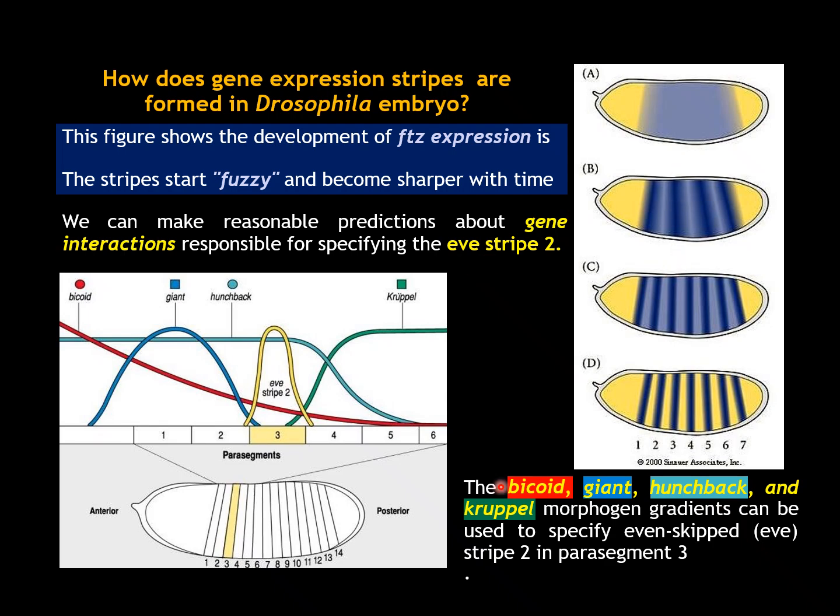There are 4 genes that I want you to analyze here: bicoid, giant, hunchback, and Krüppel. What do you think is the interaction of these genes that allows the formation of even-skipped stripe 2? We're not going to go through all 7, I'm going to use number 2 so you can understand how all of them are formed.